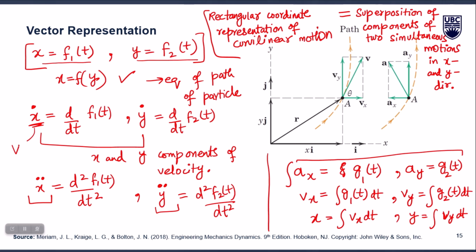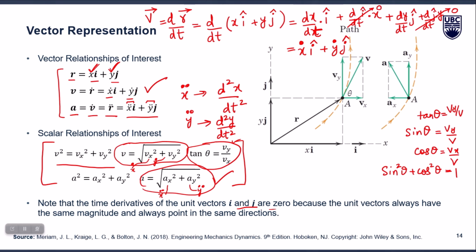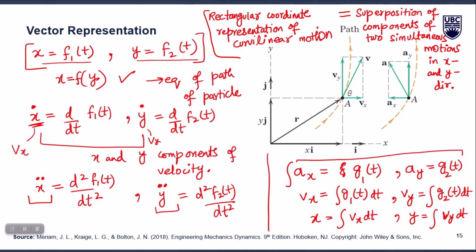So this x dot is actually v sub x, this y dot is actually v sub y. So you can apply the same equation which you have seen in the last slide, this one. So you know x dot and y dot, you can calculate v also. Same, you can determine acceleration also by differentiating one more time.